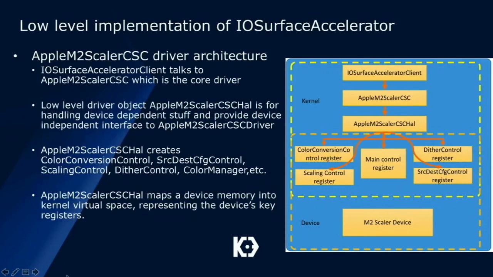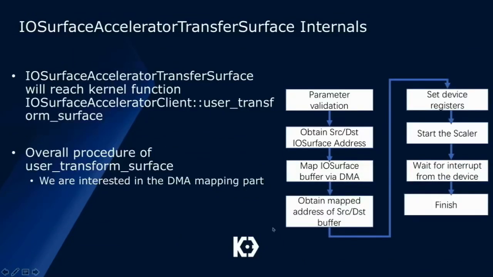And this whole object also creates 5 important objects, which stand for some important registers for that device. That object also maps device memory from the device I/O space into the kernel virtual space via DMA, and represents the device key registers.